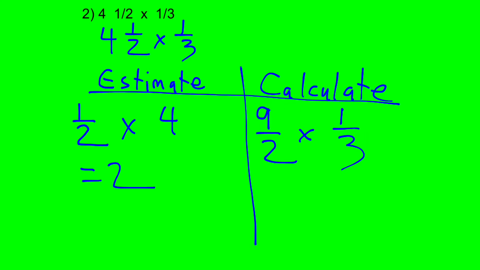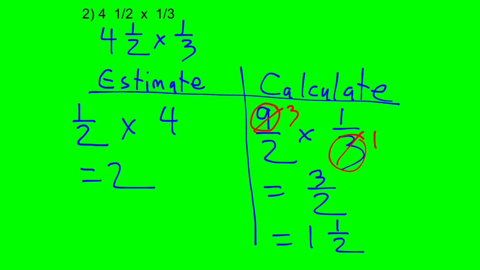I can simplify the 9 and the 3 by dividing by 3. 9 divided by 3 is 3. 3 divided by 3 is 1. The 2 and the 1 are already simplified. So what I get is 3 times 1 and 2 times 1, which is 3 over 2. And that works out to 1 1/2.